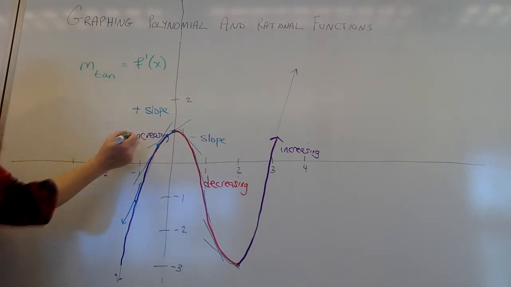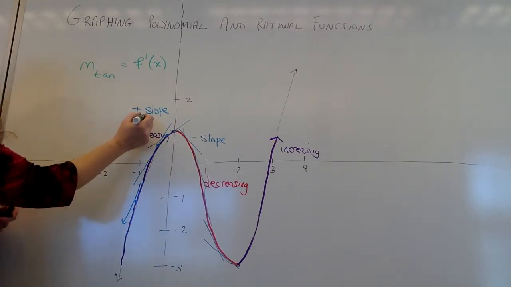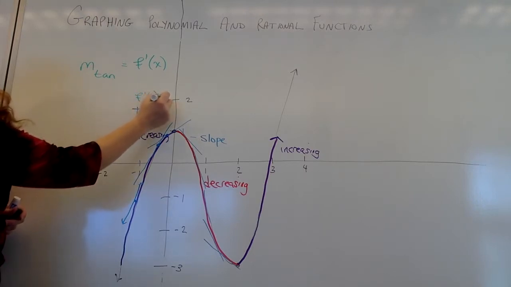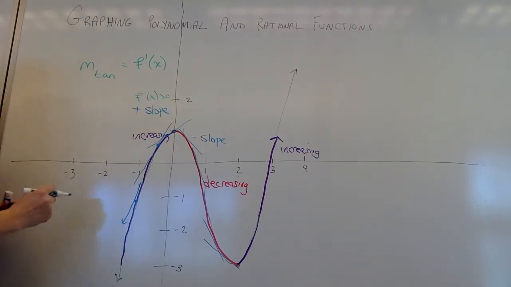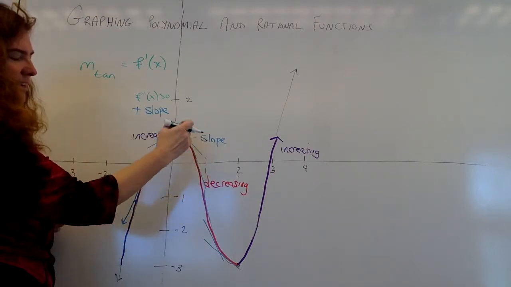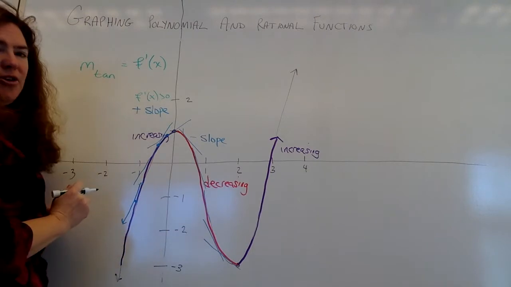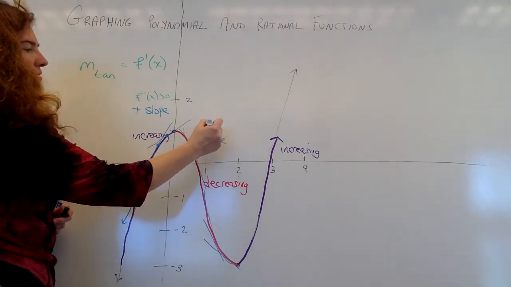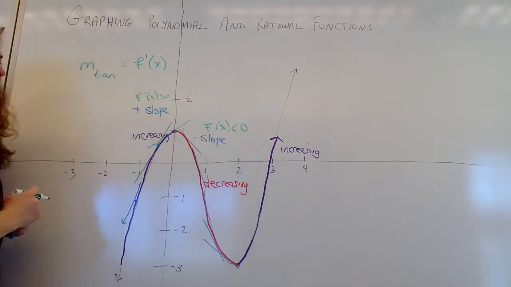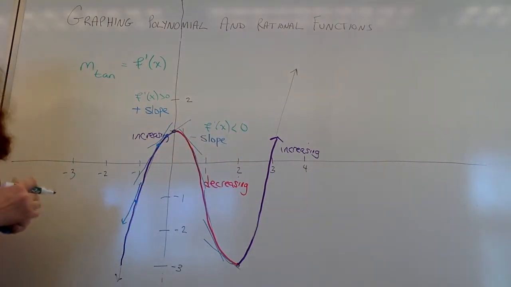It means where my function is increasing and I have a positive slope, my derivative is positive. It means where my function is decreasing and my tangent lines have negative slopes, my derivative is negative.